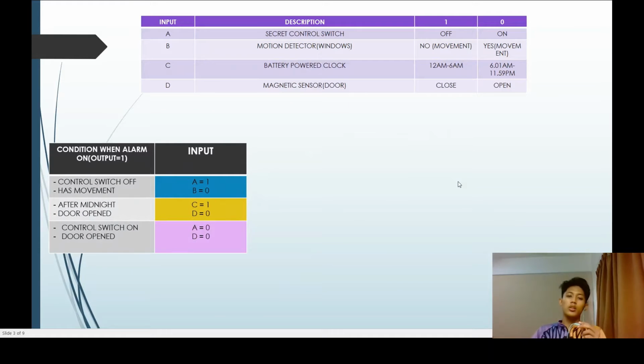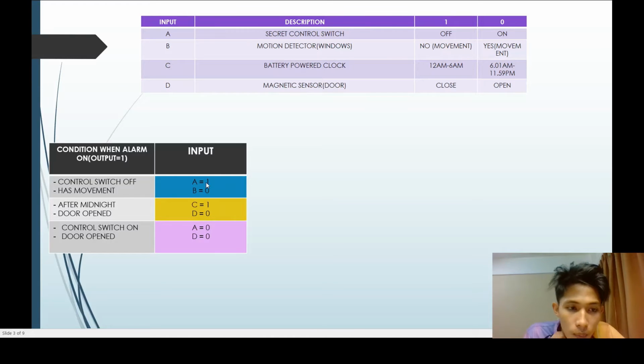So we proceed to the truth table. The question already gives the conditions when the alarm will be on, which is output equal to 1. The first condition is that the control switch is off, and the second is that there is movement. The control switch, which is A, when off means A equals 1. Having movement refers to the motion detector, which is B, so the input will be 0.